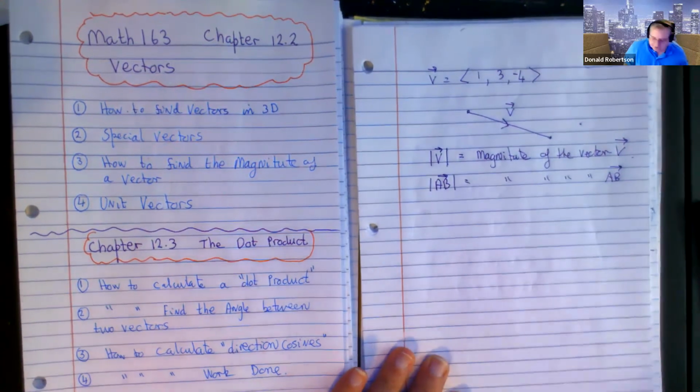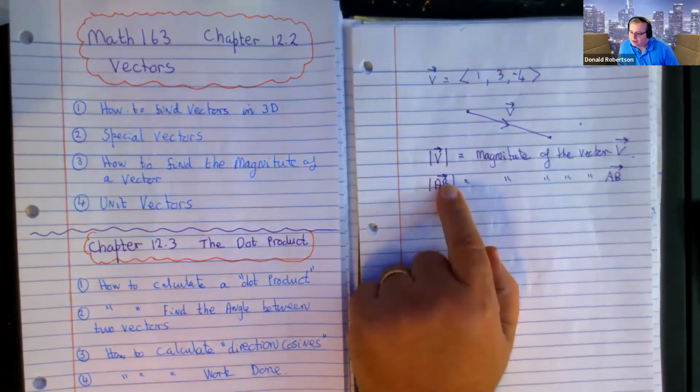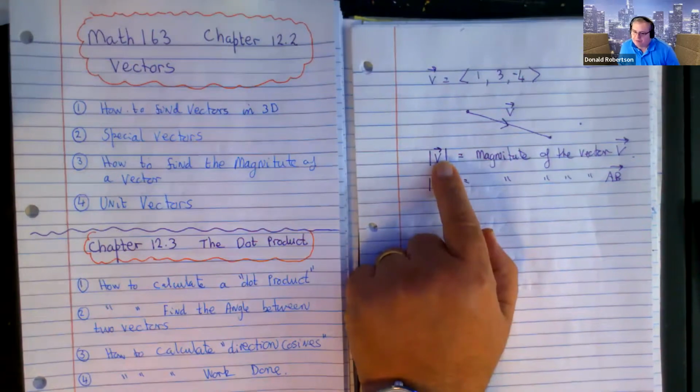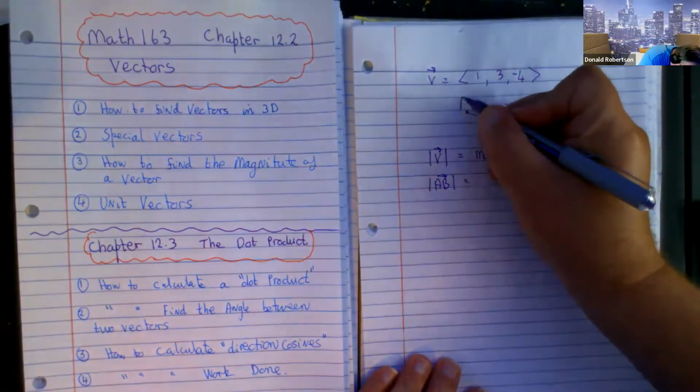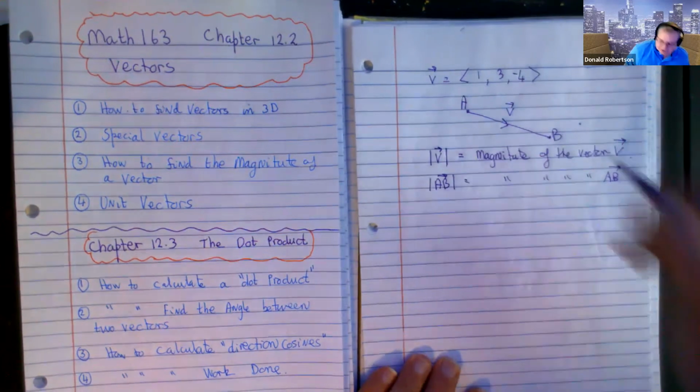That's still a vector, so that would mean the magnitude of the vector AB. This would be the magnitude of the vector V. In fact, if I tell you that's A and that's B, don't they match up really nicely?